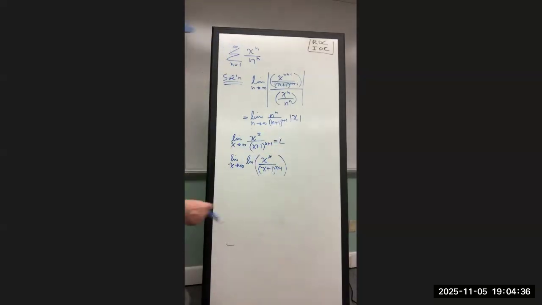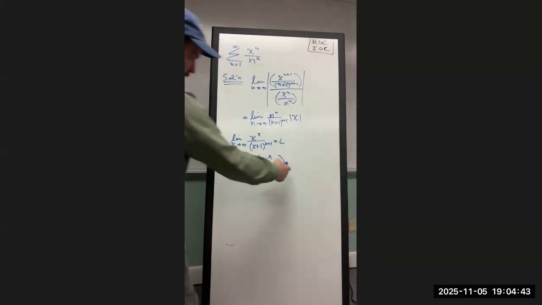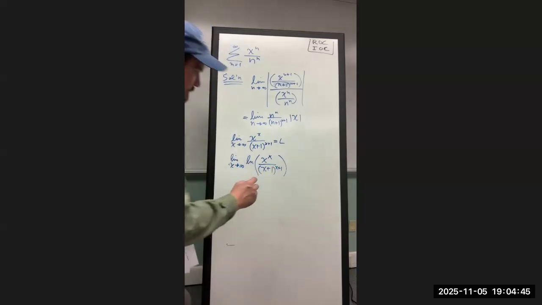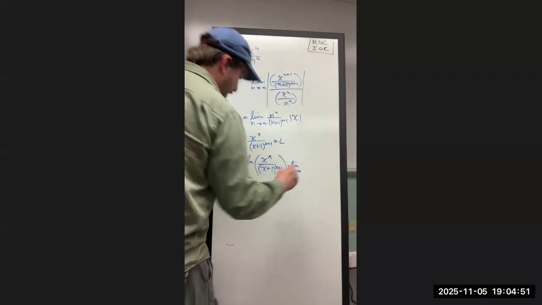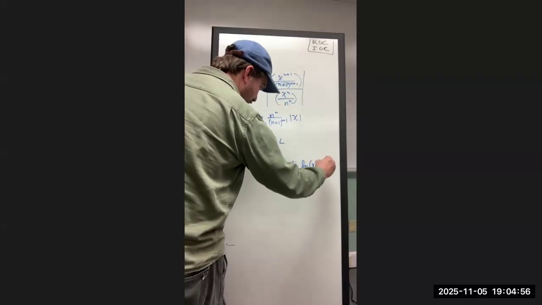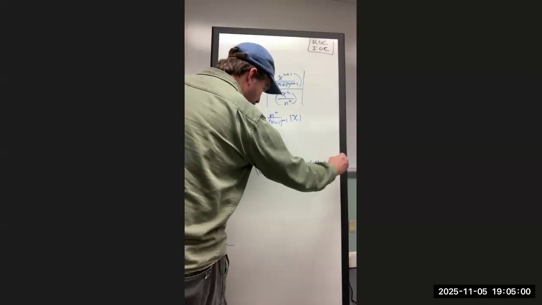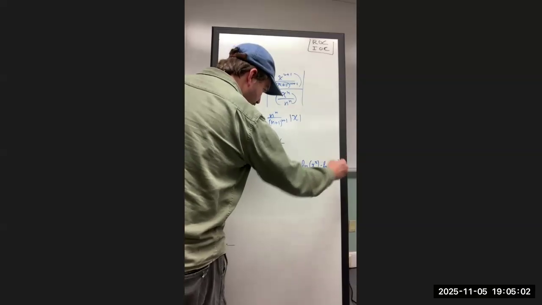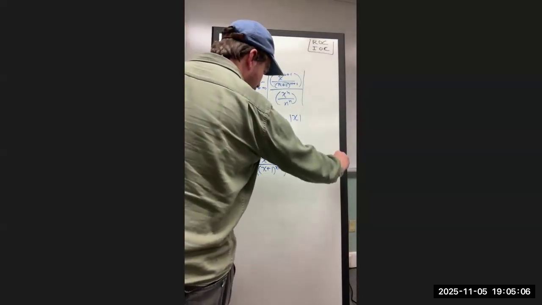And of course, that's equal to the natural log of our limit. And then we're going to use log rules on this. So we can write that as a difference of logs. The limit of the natural log of x to the x minus the natural log of x plus 1 to the x plus 1, the limit of that whole thing.